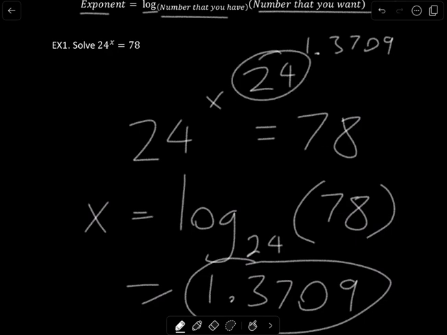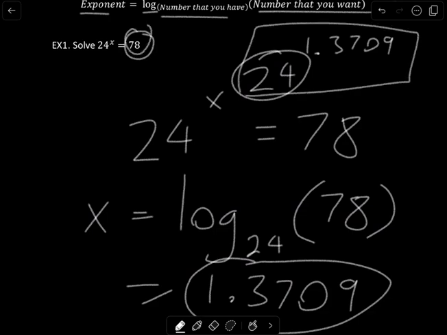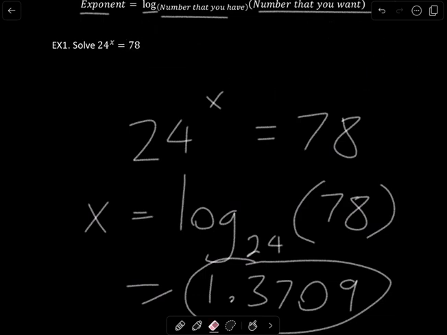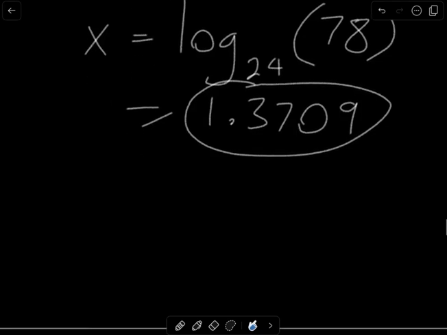But I must raise 24 to this number 1.3709 in order to obtain 78. So put that in on your calculator and check that this quantity gives you 78, or basically something close to 78, because remember we did round this off. And that's what a logarithm enables you to do. All right, that's exercise 1.